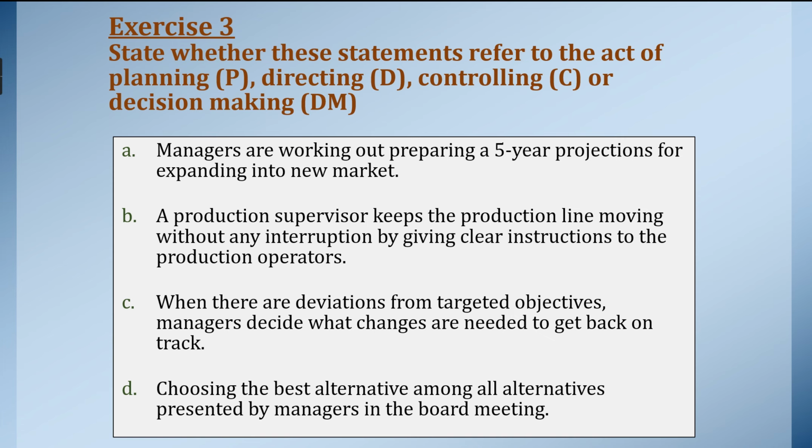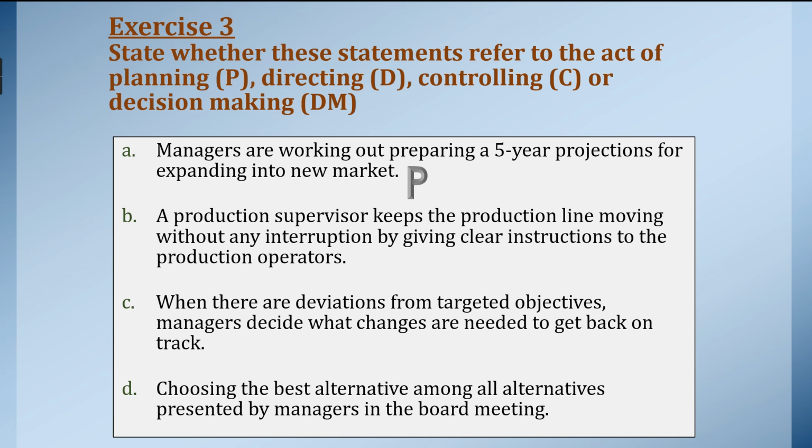Okay, so dia bagi tahu pengurusan sedang buat plan. Okay, projections of 5 years. Okay, rancangan 5 tahun untuk mengembangkan lagi pasaran ke pasaran yang baru. Okay, alright. So yang tu kalau you baca betul-betul, that is actually planning. Okay, sebab dia baru nak prepare.